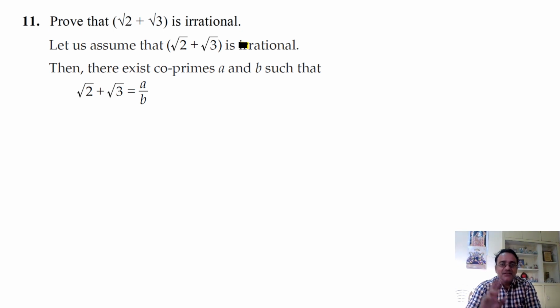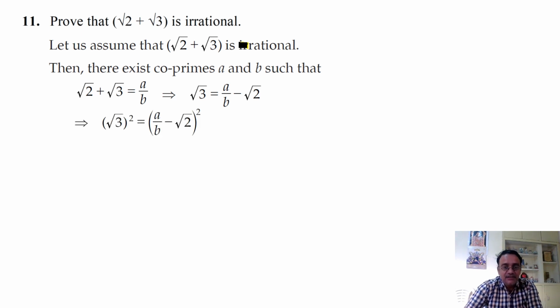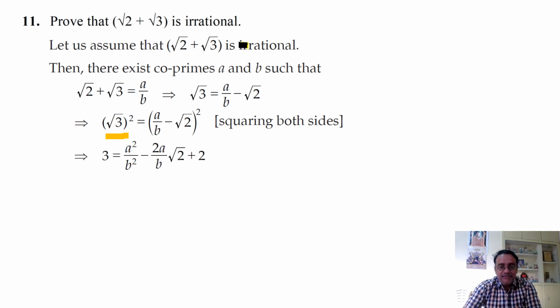So then there exist co-primes a and b such that root 2 plus root 3 is equal to a by b. So now what we will do, we will shift root 2 or root 3, either one of them, to the right hand side. So I am shifting root 2 to the right hand side, right. Now squaring both sides we will get this one. Okay, now root 3 whole square will be 3, and here we'll use the (a minus b) whole square formula, so we'll get this one.